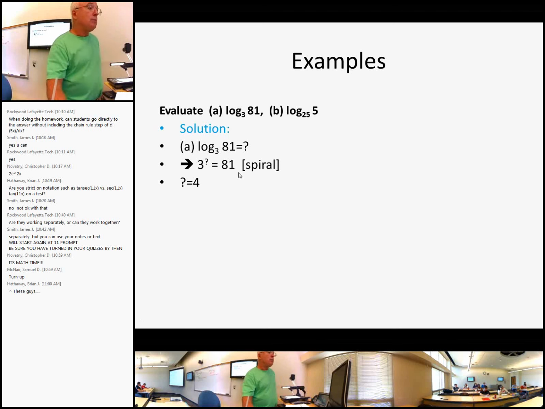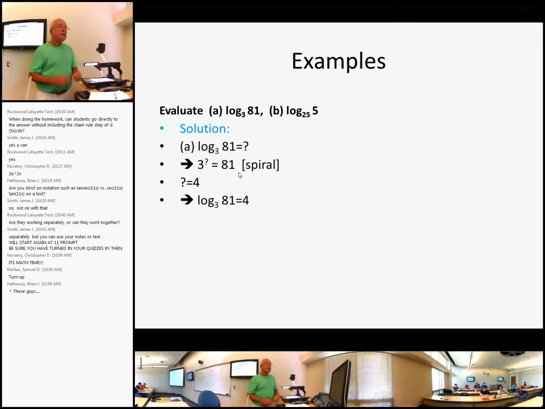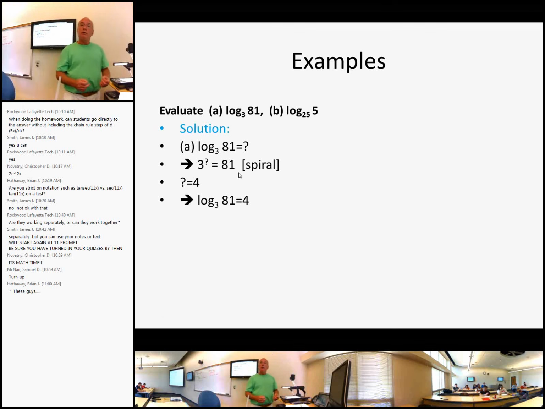So our question mark is equal to 4. We can therefore say that the log base 3 of 81 is equal to the number 4. Again, 4 is the power that we raised the base 3 to in order to equal the 81. The log value is a power, or an exponent.